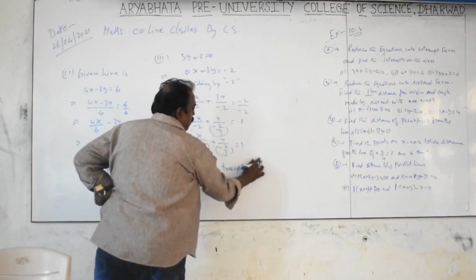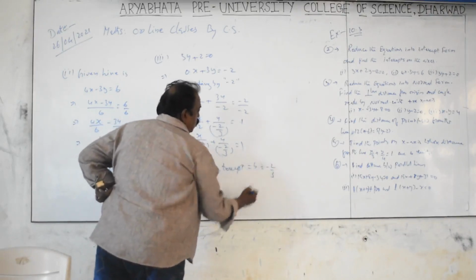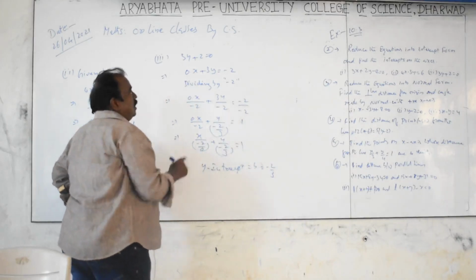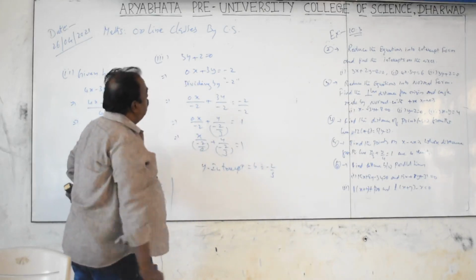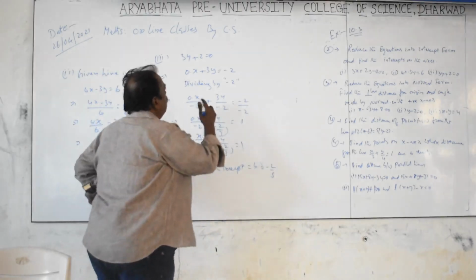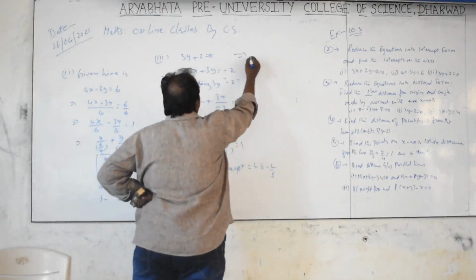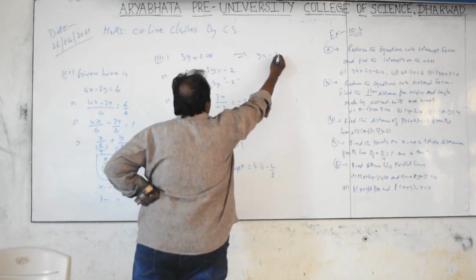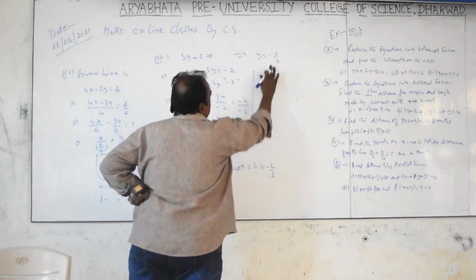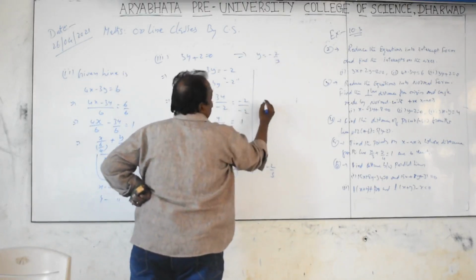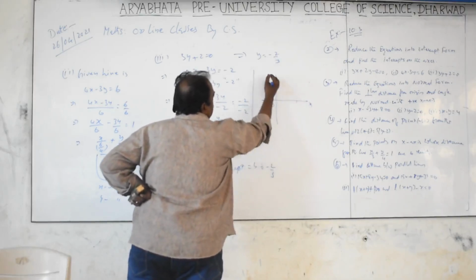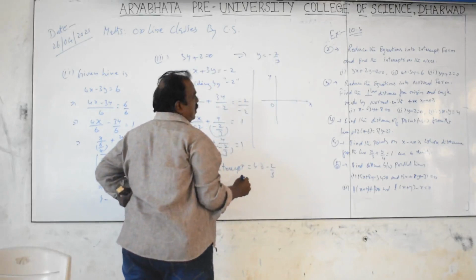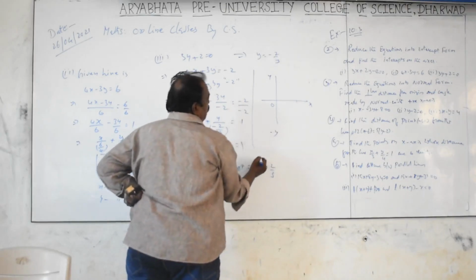Y-intercept is equal to minus 2 by 3. You see the diagram of this problem: actually this is y is equal to minus 2 by 3. This is origin, x-axis, y-axis. This is minus y-axis.